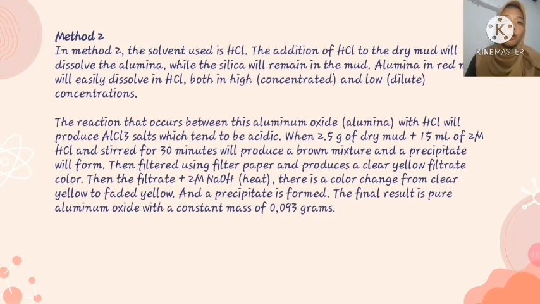Conclusion: from the alumina extraction experiment from the red mud that has been carried out, it can be concluded that the red mud or soil contains minerals in the form of silica and aluminum oxide in the form of alumina, which is amphoteric and can be soluble in alkaline or acid solvent.